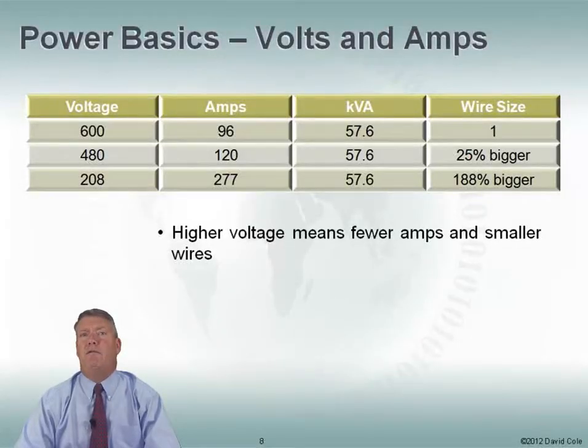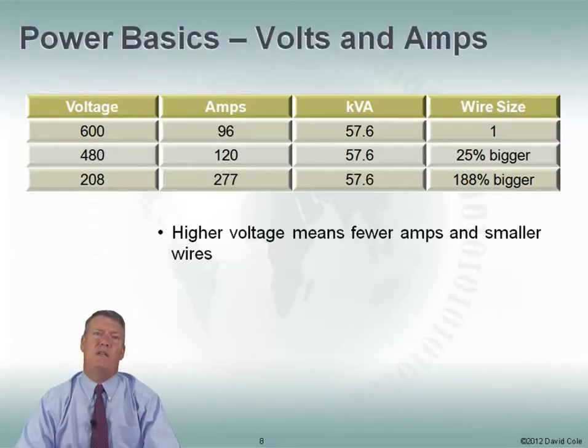So when I look at volts and amps, if I remember, volts is my pressure and amps is my flow, right? Volts is my force of electricity, amps is my flow. When I multiply these two together, I get something called volt amps. Or in this case, a lot of times we'll see this in kilovolt amps or kVA, right?